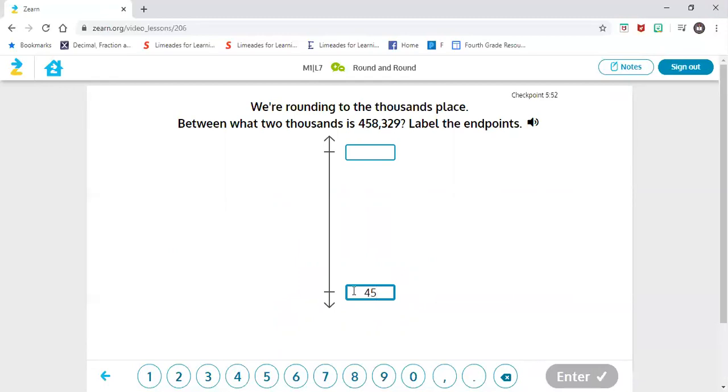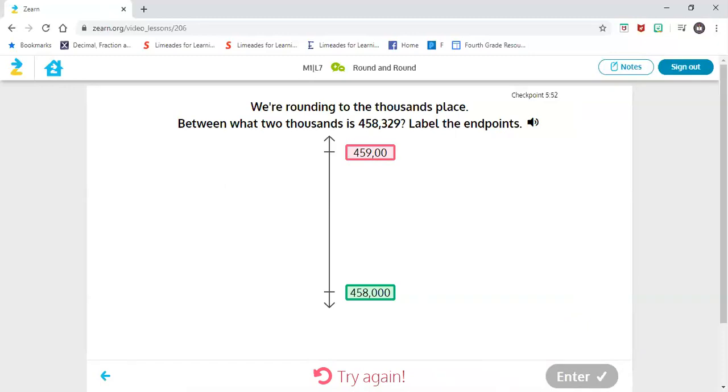And now my 8 has two choices. My 8 can stay the same, so my bottom number is going to have my 8 stay the same. Or my 8 could go up 1, so my top number is going to be where my thousands place went up 1. So those could only be my two answers. When I'm rounding, you only have two choices: either the thousands place stays the same, or it goes up by 1.